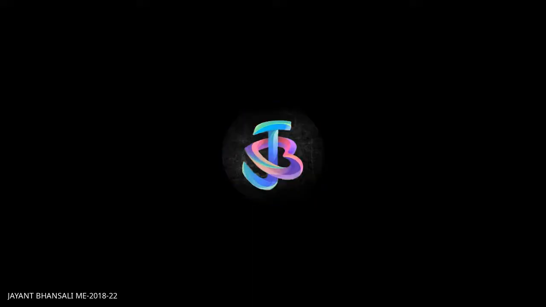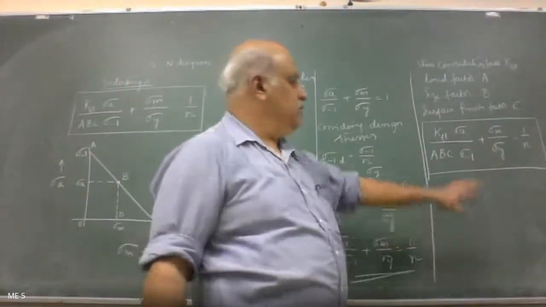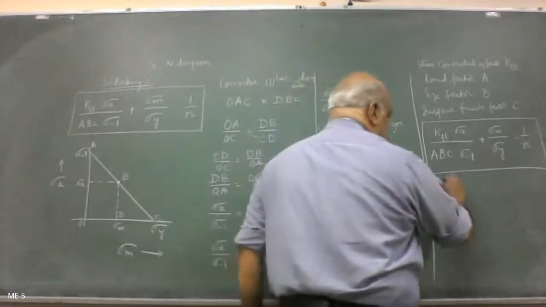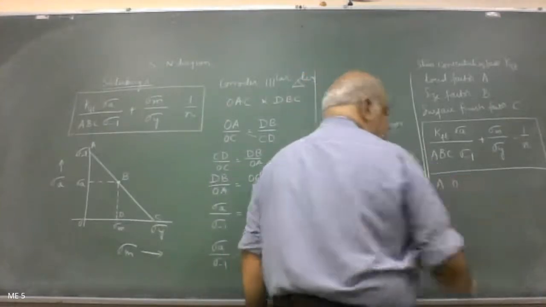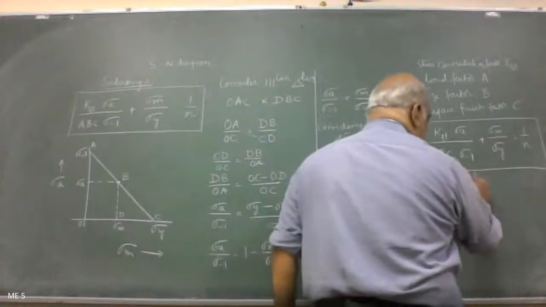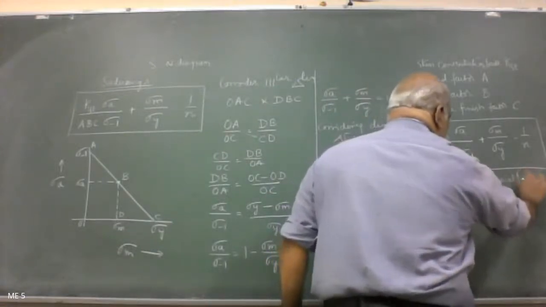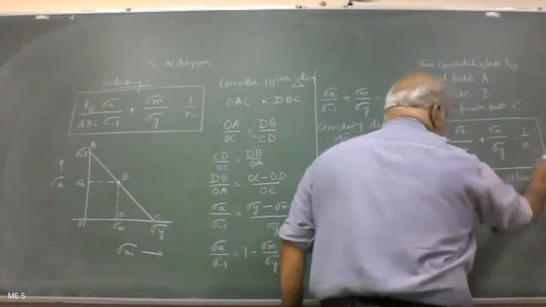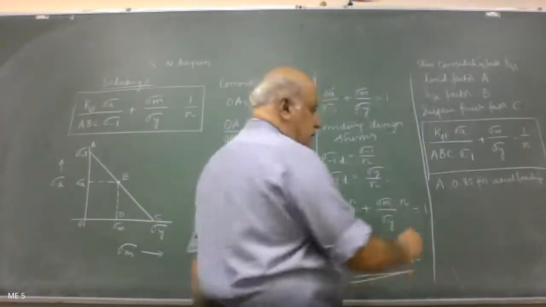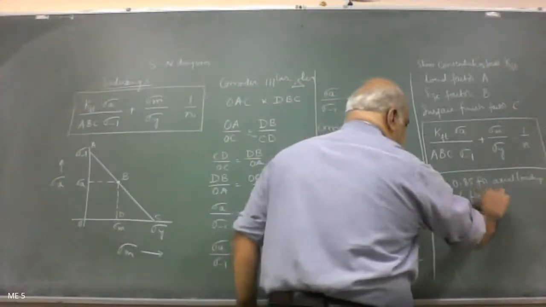So what are the values for A, B, C if not given in the problem? We need to assume A to be equal to 0.85 if it is axial loading, that is load acting along the axis, and A is equal to 0.6 for bending.